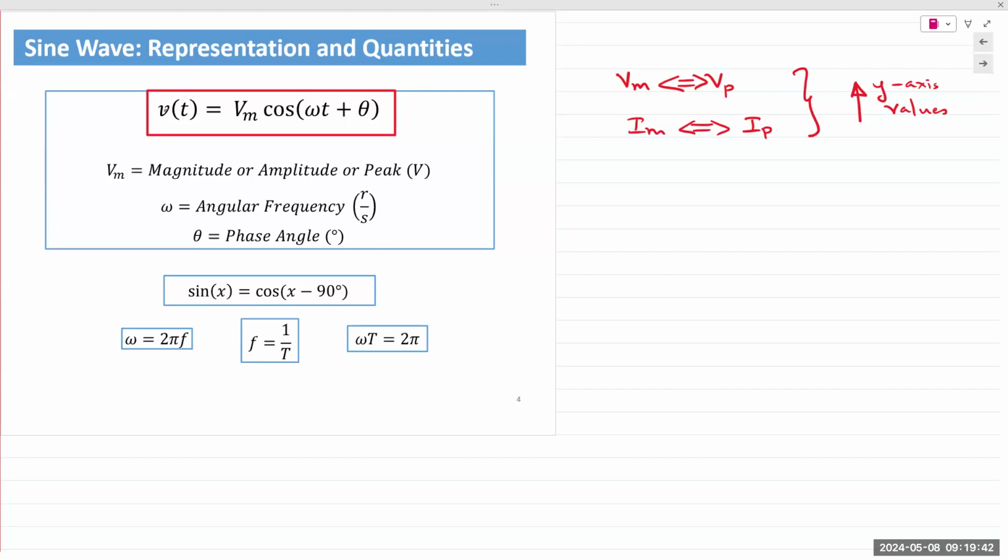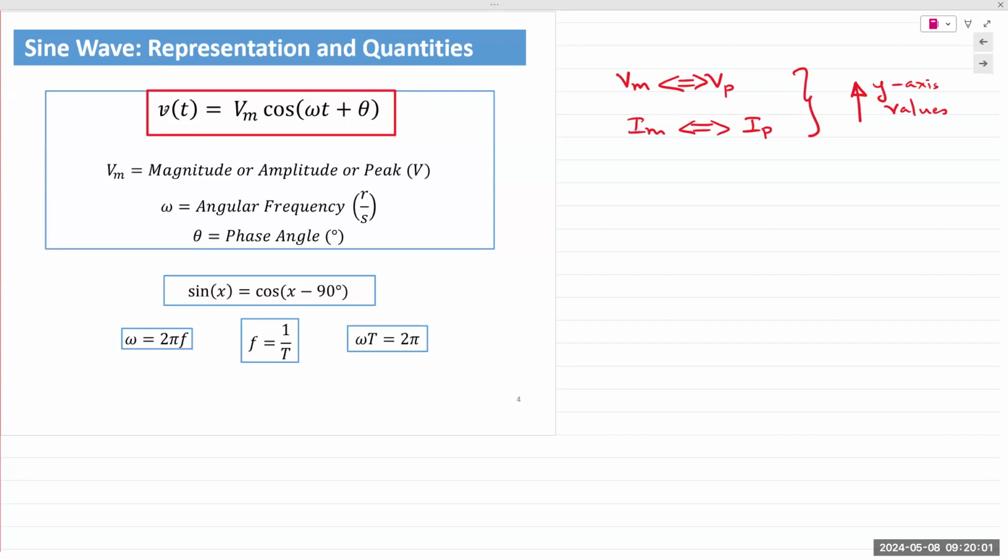Omega describes the angular frequency. Typically, our waveforms would have frequency, and again, we'll look at all of these quantities in detail in the next few slides. Omega is the angular frequency or angular velocity in radians per second. And then finally, the third quantity is phase.